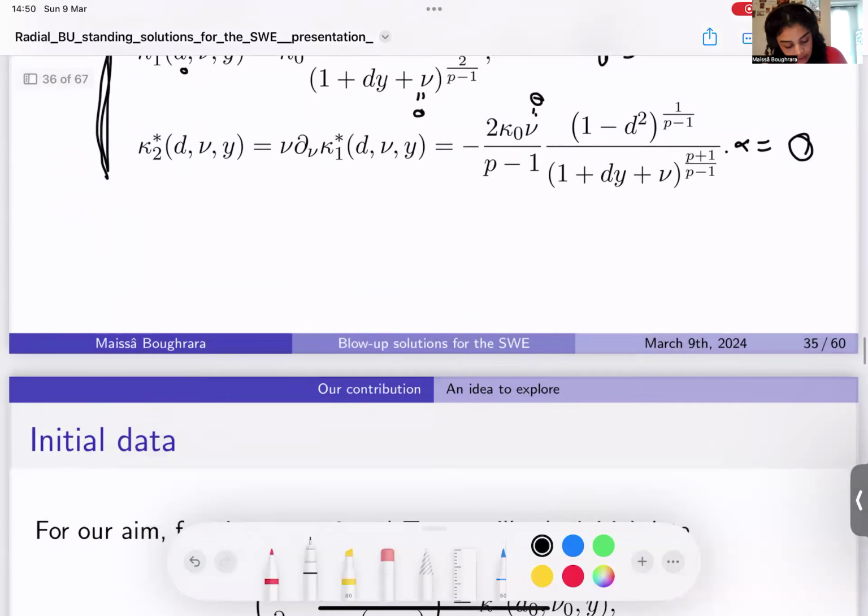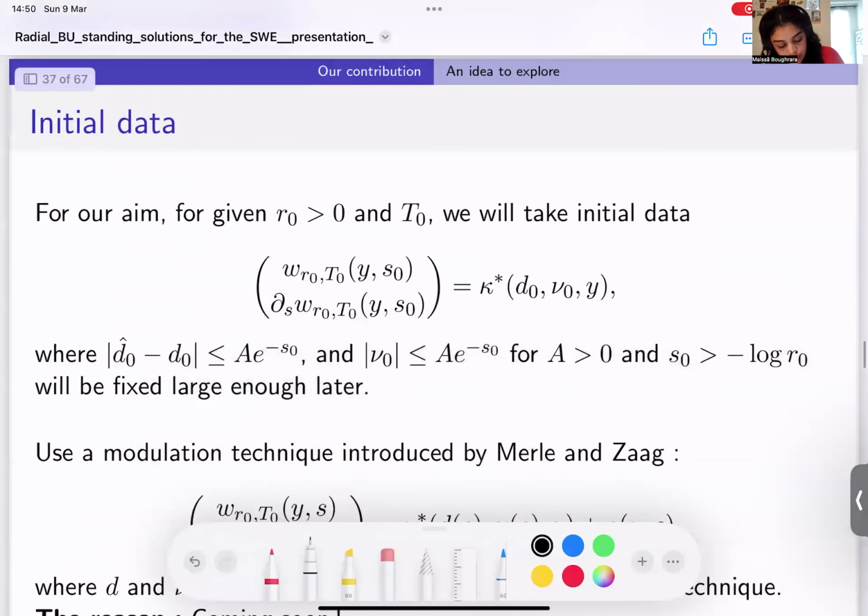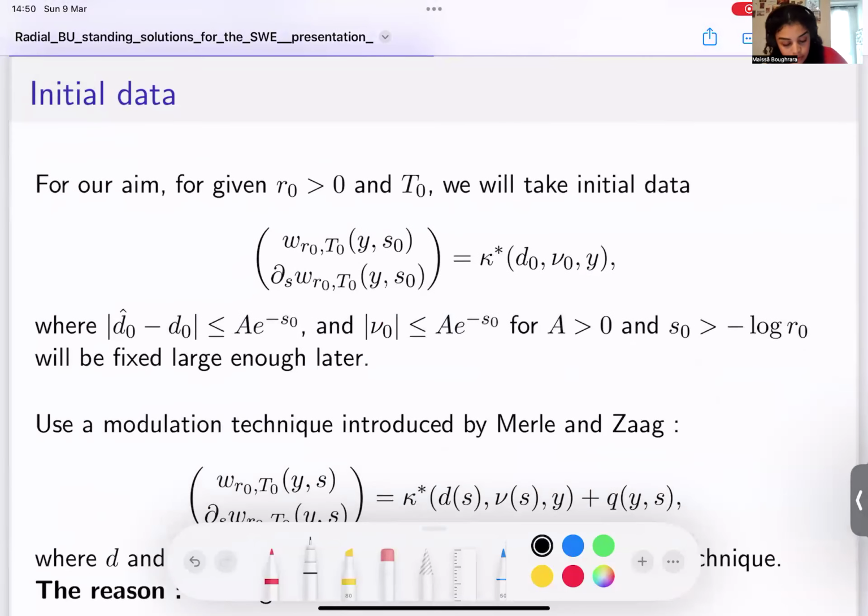Okay, so we will choose our initial data in similarity variables as equal to kappa star d0, where d0 is going to be taken very close to d0 hat, which is the goal of our construction, the parameter of the goal of construction, and nu 0 is going to be very close to 0.